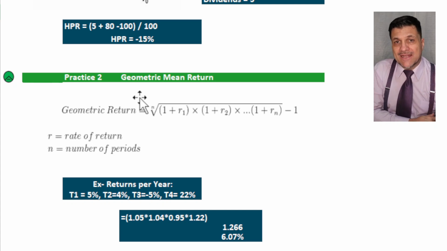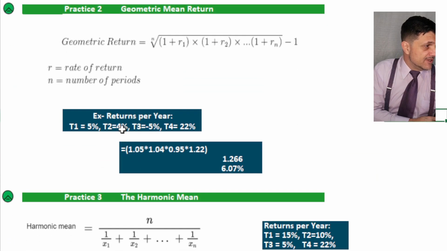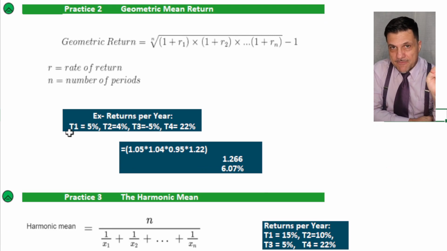I would get a better answer, right? And that's what we call the geometric mean return. The geometric mean return is very intuitive as well. Now it's per time, right? That's why, pay attention, time-weighted return is the geometric average return. You can memorize it that way.